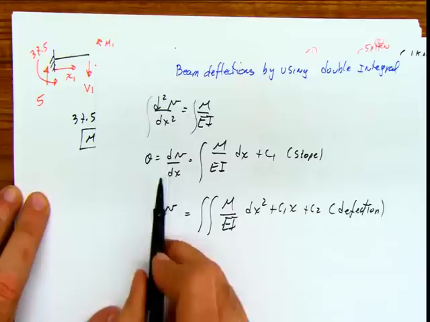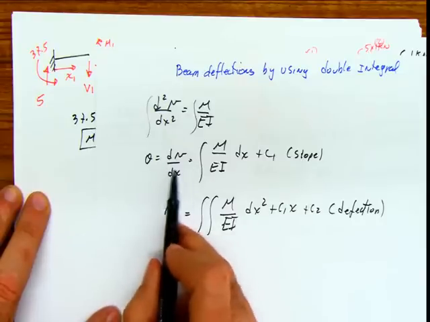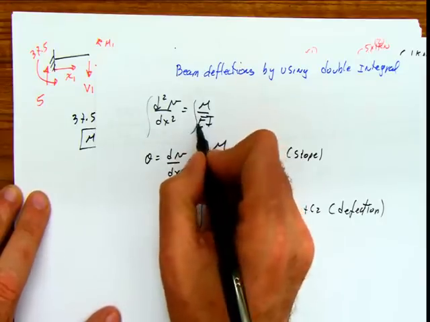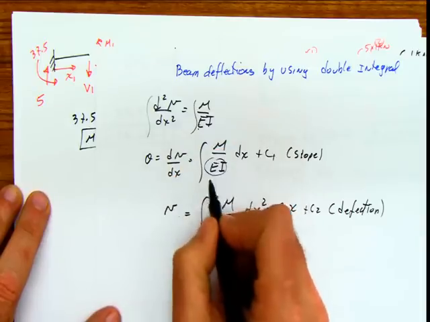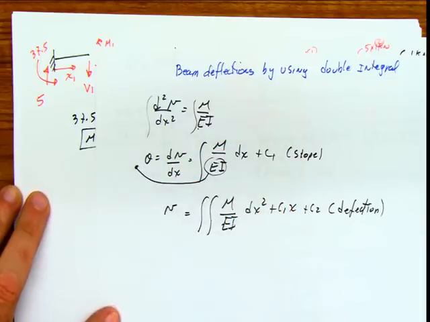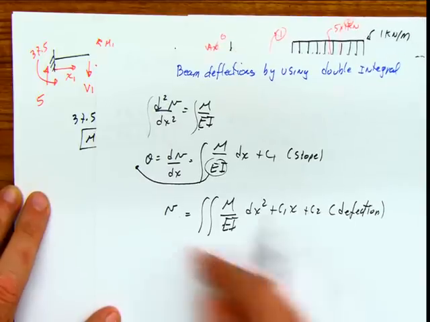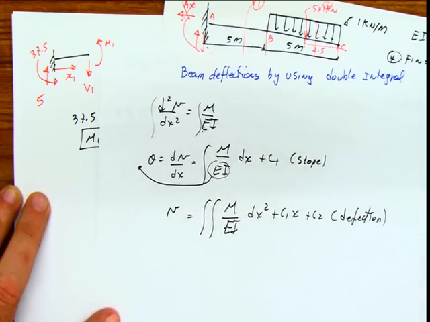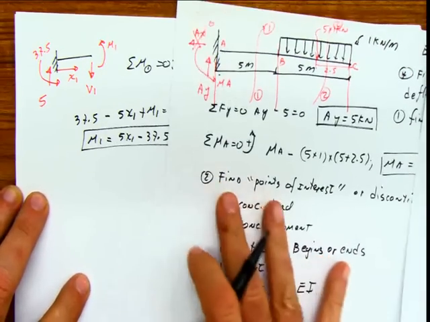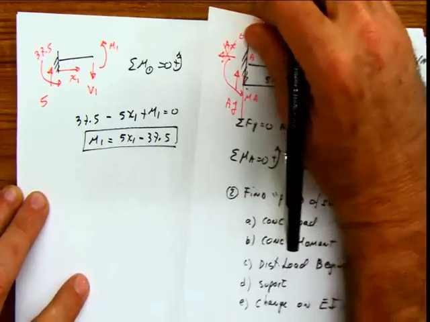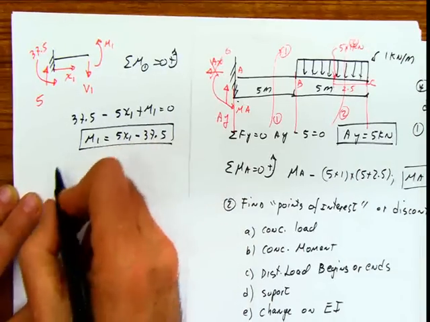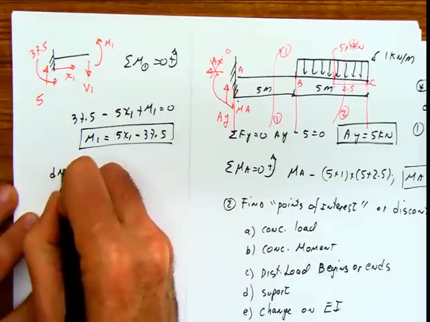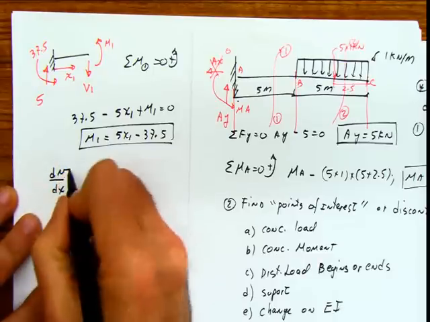If I want to find the slope, I'm first going to integrate M divided by EI. Because EI is constant, instead of keeping it underneath, I'm going to move it to the other side to simplify my numbers and not keep repeating EI underneath the equation every time. So I'm just going to put it outside. Remember, I'm just going to integrate this because that's going to be my dv/dx for my slope.